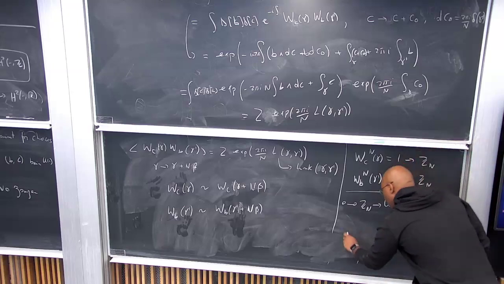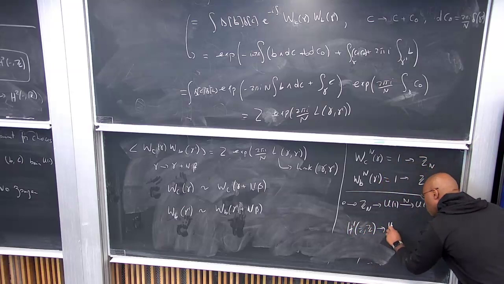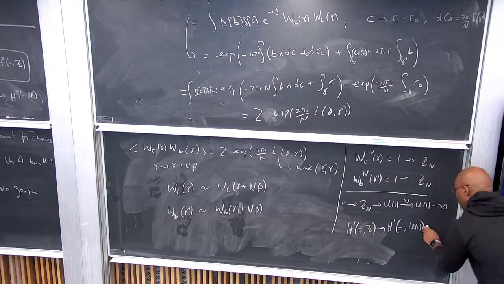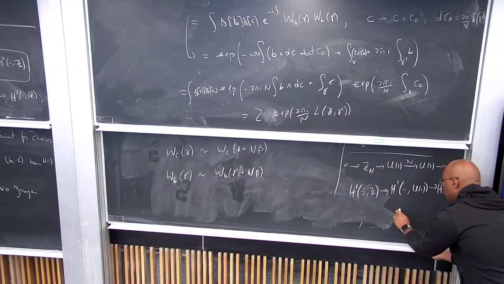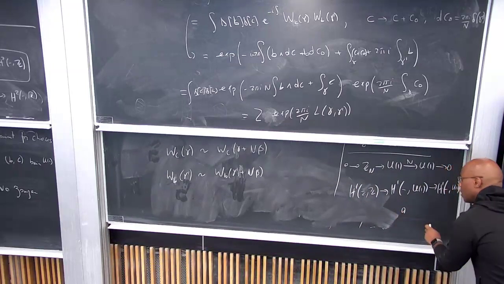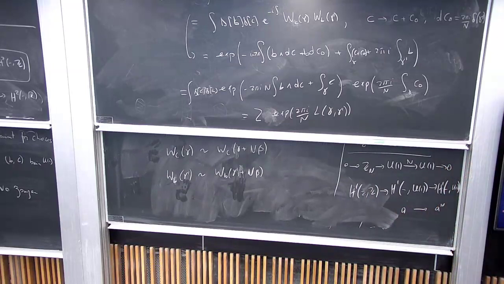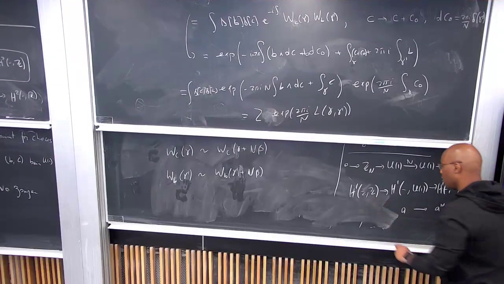Where I have H1 with coefficients in Vn that goes to H1 with coefficients in U1, which goes to H1 with coefficients also in U1, and then it wraps around. And this map here, what it's saying is, I take the element A here, and this goes to the element A to the n here. So this element A to the n is trivial, so I can lift A into a Zn.